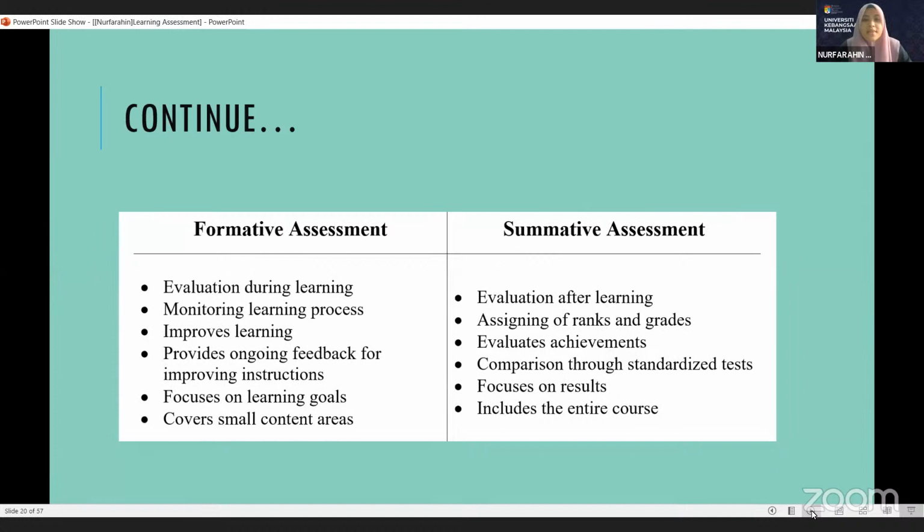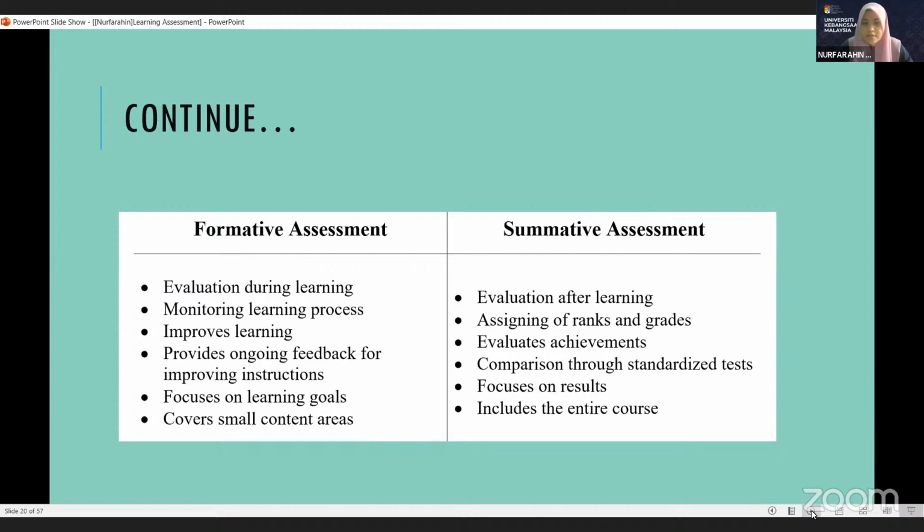Okay. And this is the third point, where they will ask you how formative and summative assessment are different from each other. So formative assessment is a form of evaluation. Okay, I wouldn't use the word evaluation. Pretty much it's an assessment during learning, and it monitors the learning process.